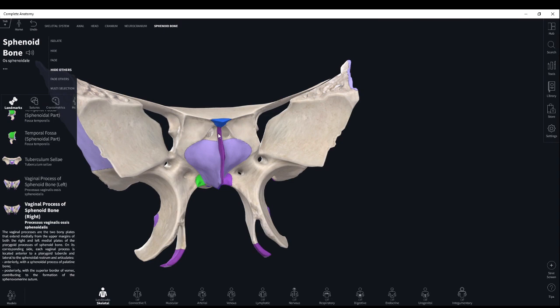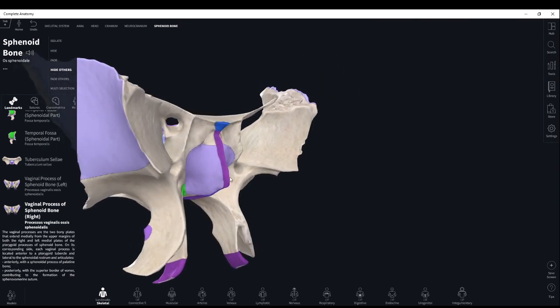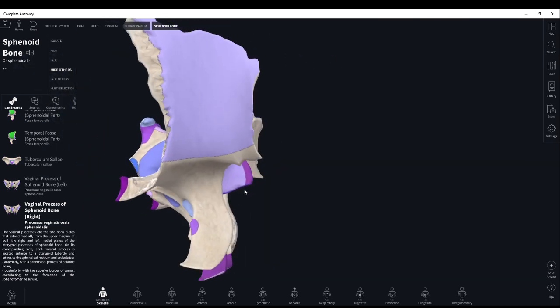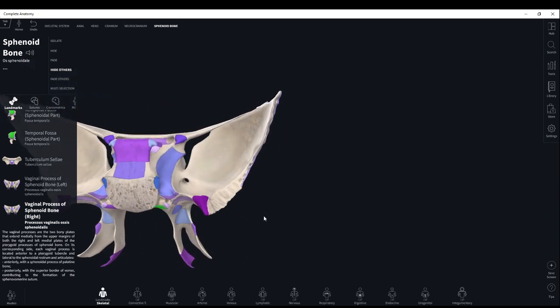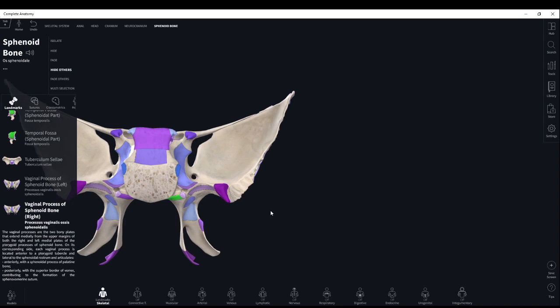Also, this crest and rostrum later form the nasal septum. Okay, and what else is on it?